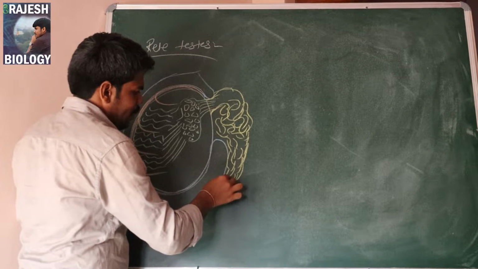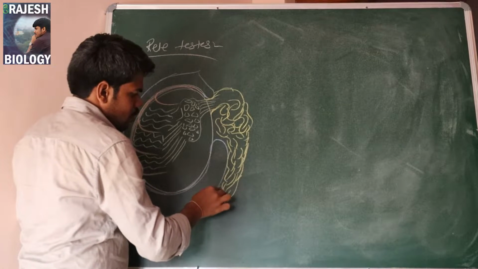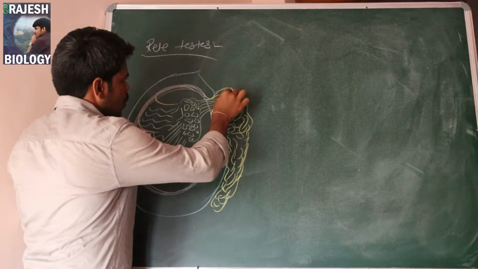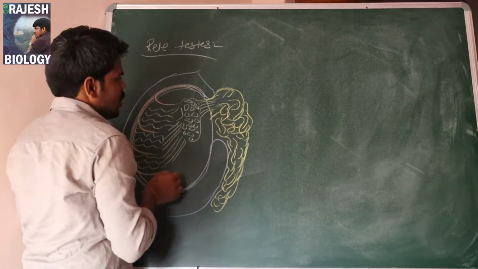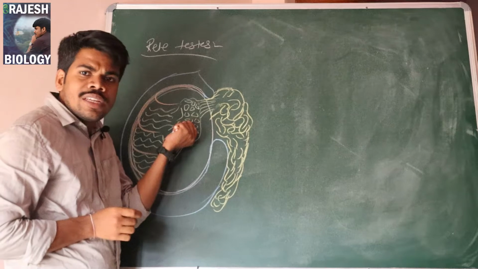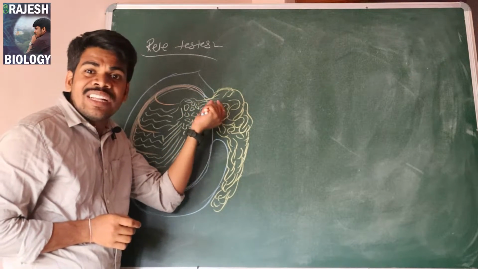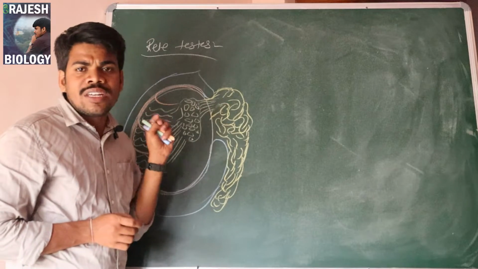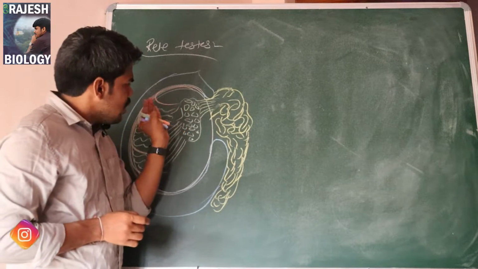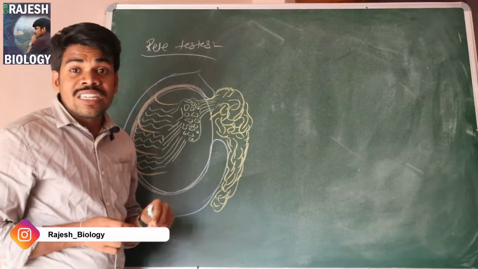This is the epididymis. The epididymis receives the sperm cells from the rete testis, and the vasa efferentia leave the testis in the area of the mediastinum testis.